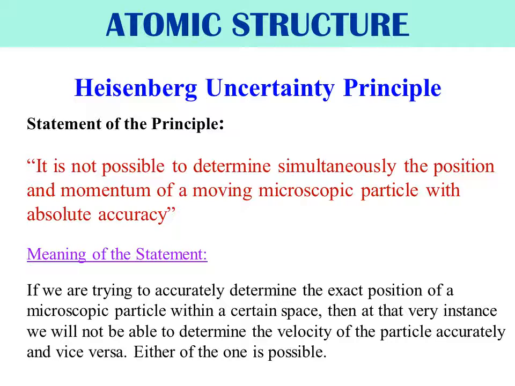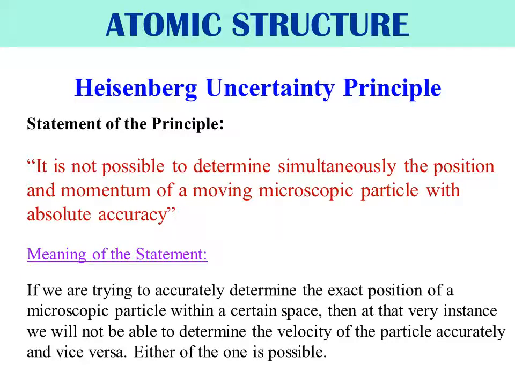But parallelly, if we want to measure the velocity of the particular electron, then definitely the exact location of the particle becomes impossible. So with accuracy we cannot say that. That is the meaning of the uncertainty principle.